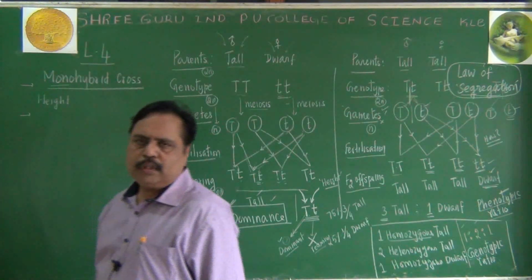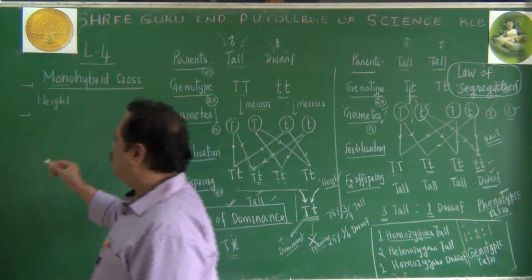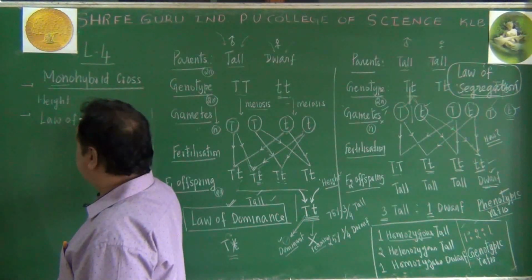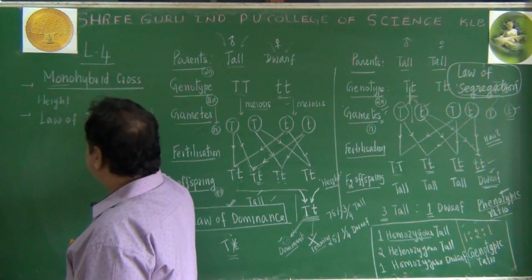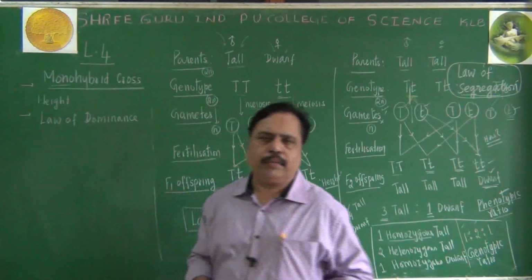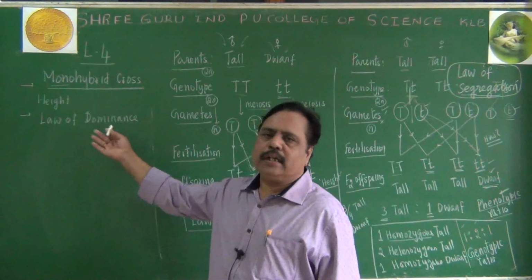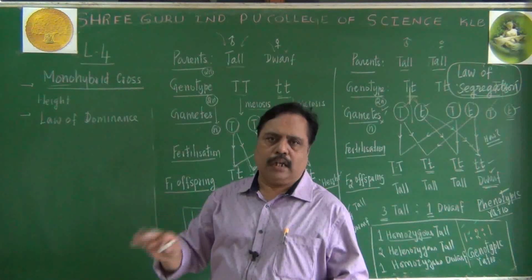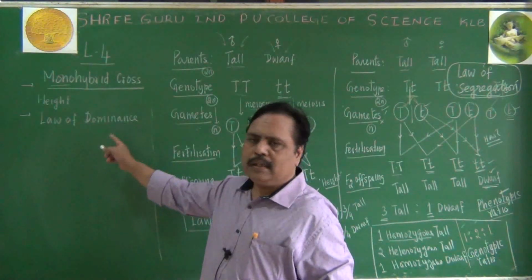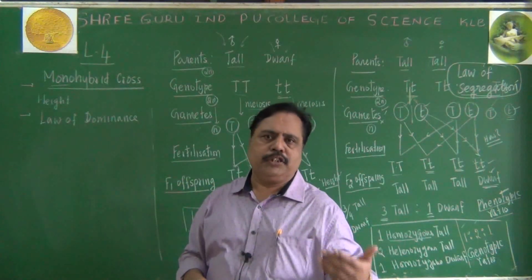Secondly, in today's class, you have learnt what is law of dominance. In the previous class, I told you about law of unit characters. But according to some textbooks, that unit character is not considered as a law, it is considered as a statement. So, factor is the word understood by Mendel rather than genes.